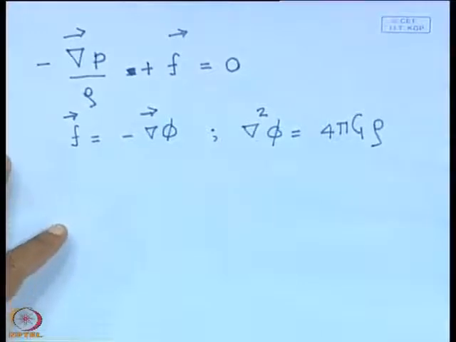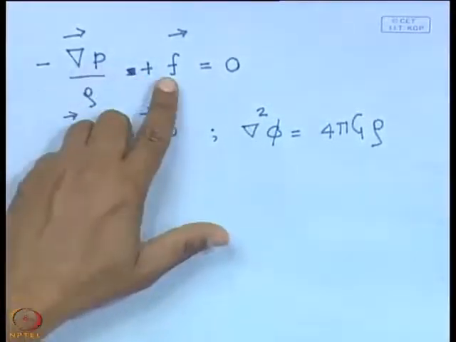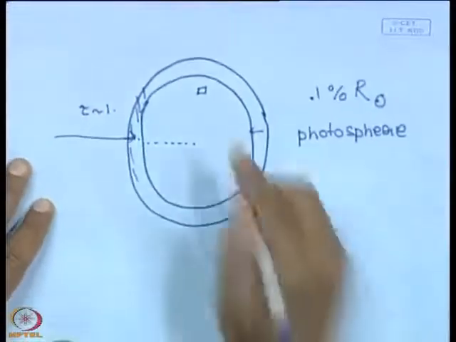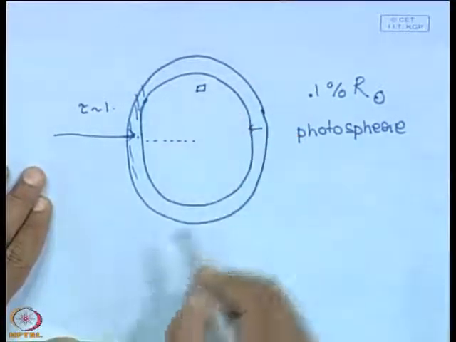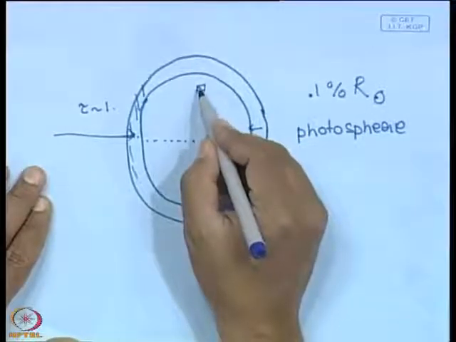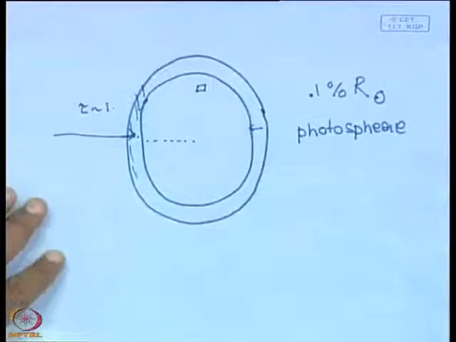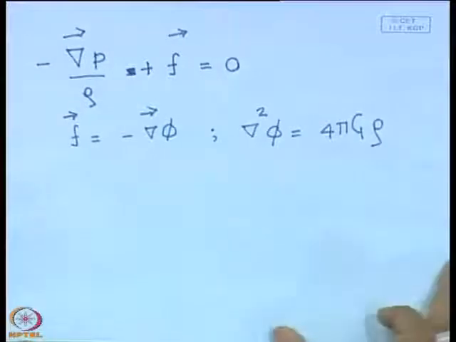So, inside the sun, the pressure gradient essentially balances the gravitational attraction of the material inside. So, if you consider this element of the fluid, the pressure gradient across this balances the gravitational attraction of all the material inside this sphere, which is what is there in this equation. It is a self-gravitating system.